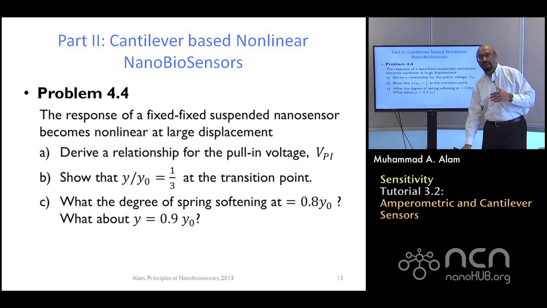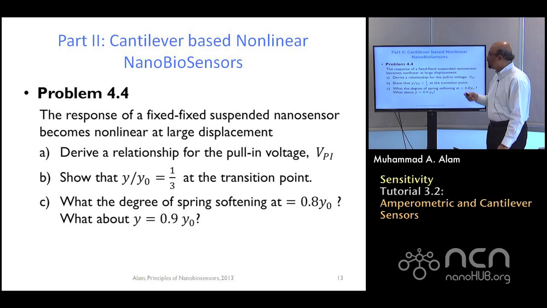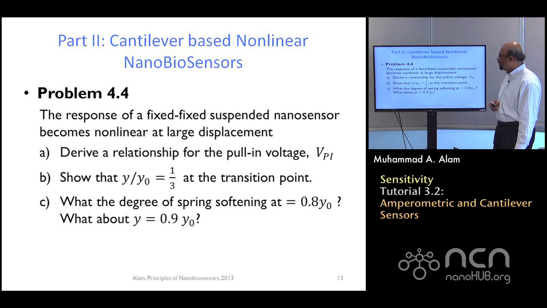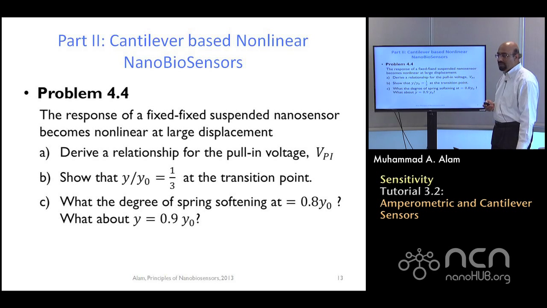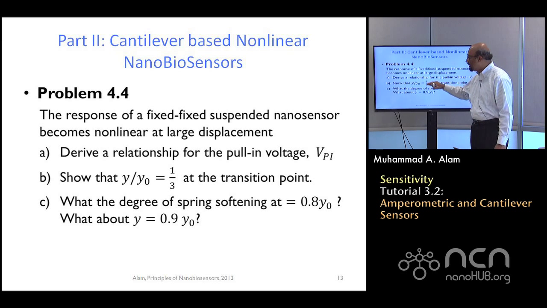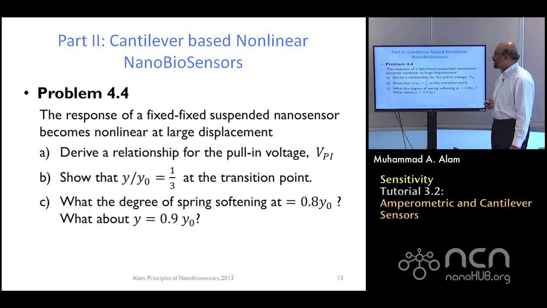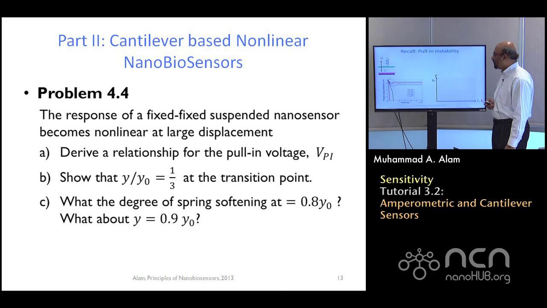And the key to enhanced sensitivity is the reduced K, or the reduced spring constant. And so this particular homework looks into that. One thing is that this y over y naught, you should not go beyond that 1/3 of a distance. So this is something I want to explain to you. Y over y naught, there's a critical value. I want to show you where that comes from.